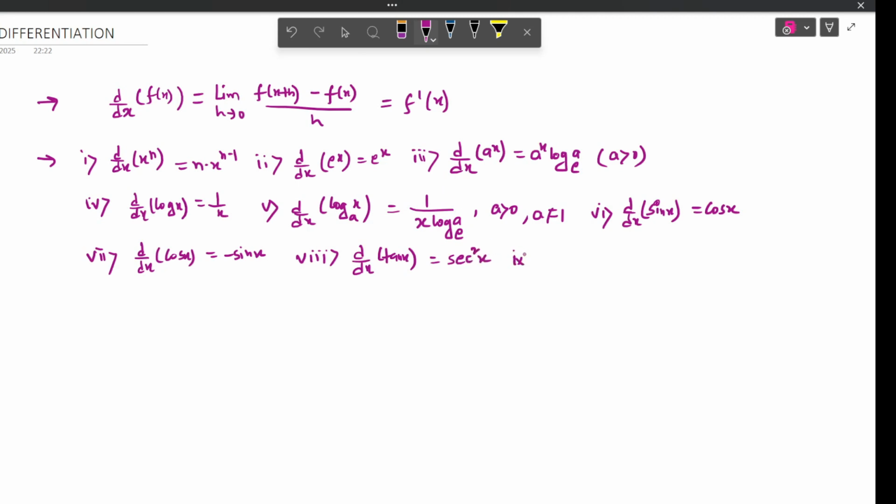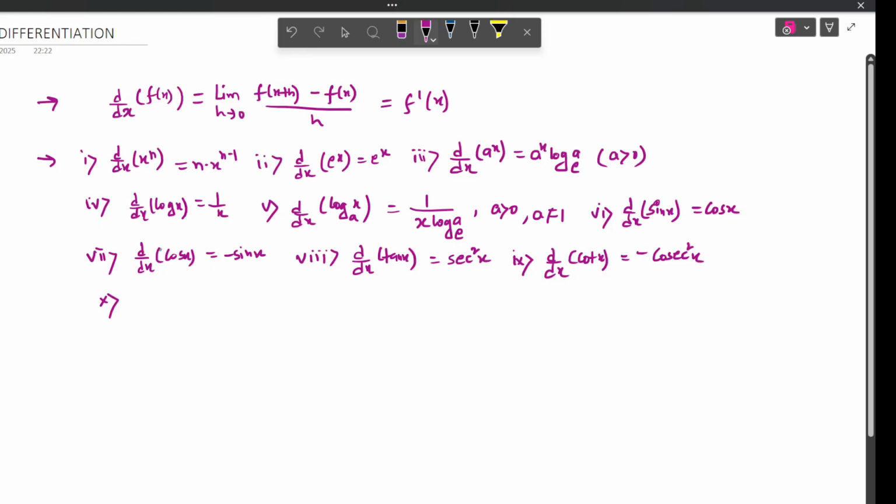Number 9, d dx of cot of x is minus cosec square x. Number 10, d dx of sec x is sec x tan x.